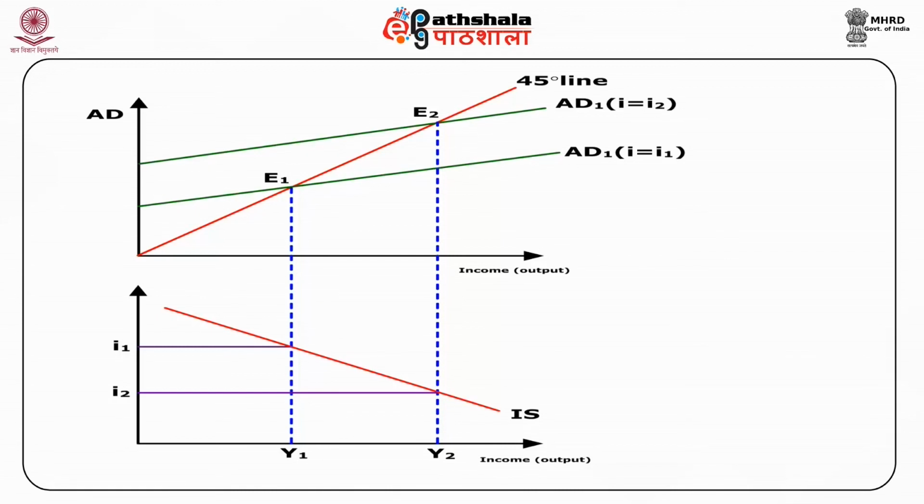As a result, aggregate demand AD increases and the AD curve shifts upwards from AD1 to AD2. Consequently, the income level increases from Y1 to Y2. Joining together all such equilibrium combinations, I1, Y1 and I2, Y2, gives a downward sloping IS curve.